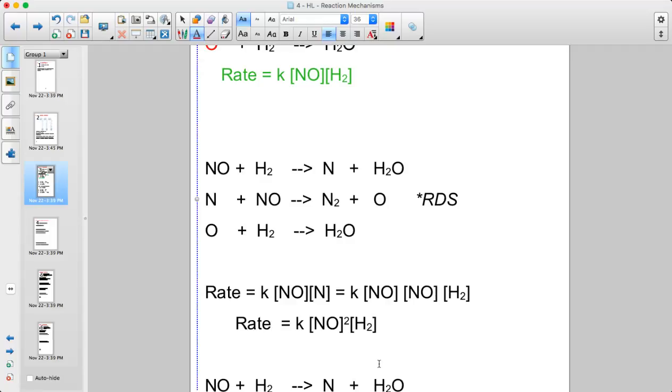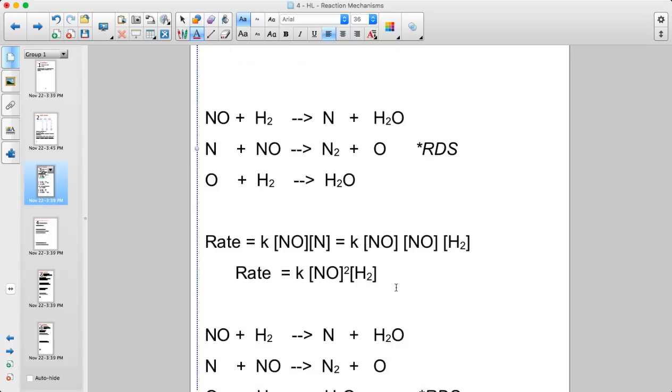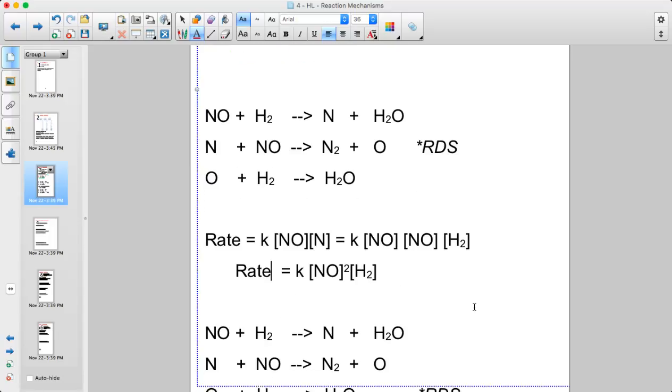It just means that this is one suggestion that matches the data. The NO and the N are really what affect the rate. They would both be first order if this was the only step, but because N is an intermediate, you go back to the first step and ask which reactants formed N. These each formed N, and you put those in for N in the rate equation. Then you combine terms and simplify. And so this would be the rate equation. It matches the one we got from the data.